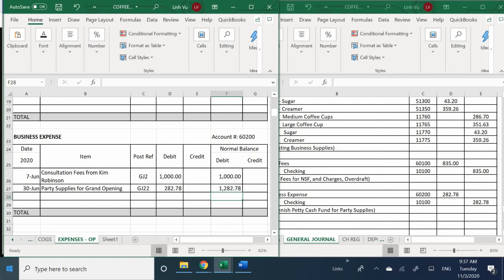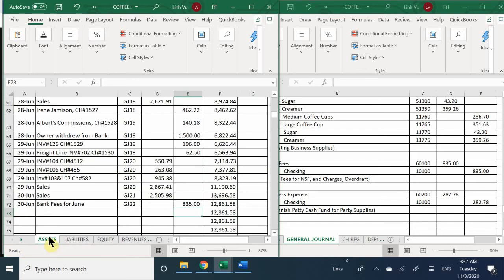What is the formula for that? You're going to start with the balance, add any debits, subtract any credits. Gotcha. Thank you. Okay, so there you go. Then lastly, we have to update our checking account.